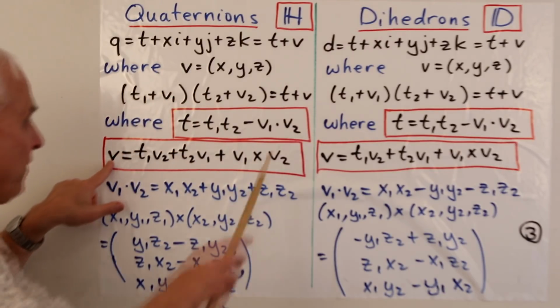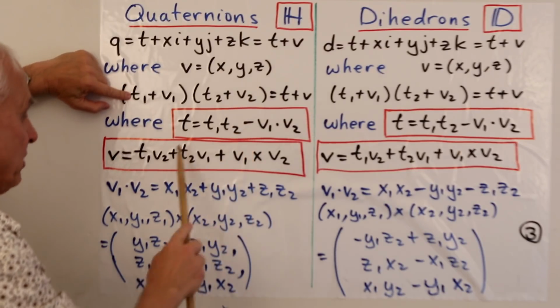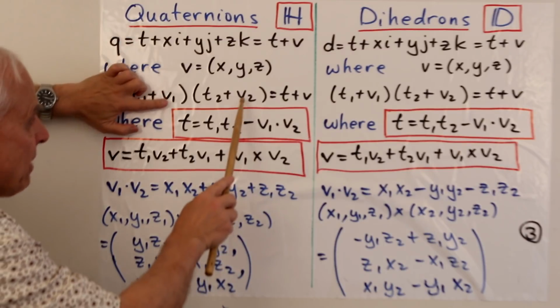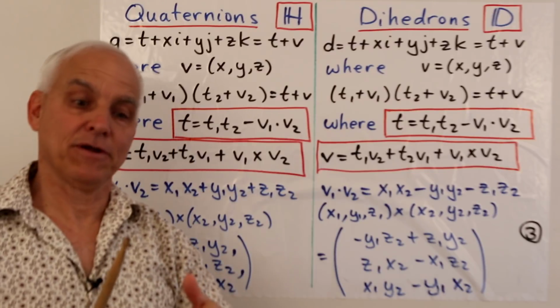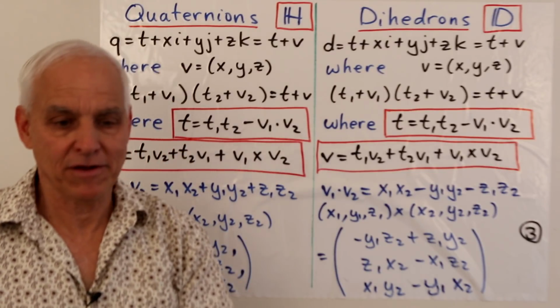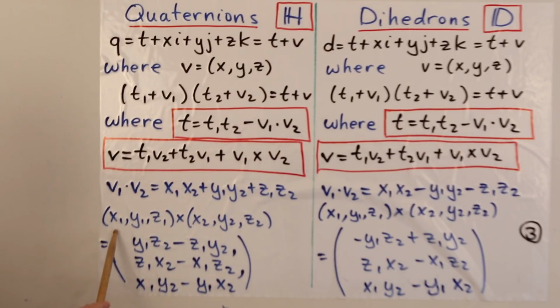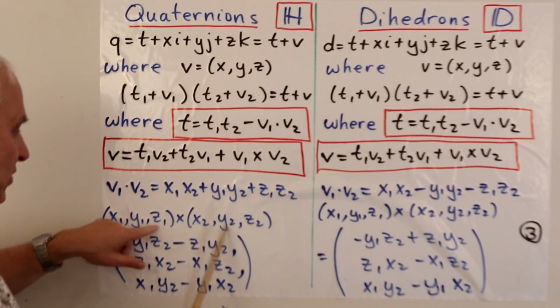And the formula for v, well, it involves a t1 times v2, like you would expect, a v1 times t2, like you would expect, and then some kind of product of v1 and v2. And that's a new product called the cross product or vector product. So v1 cross v2 is the vector whose components are y1z2 minus z1y2. That's the first component.